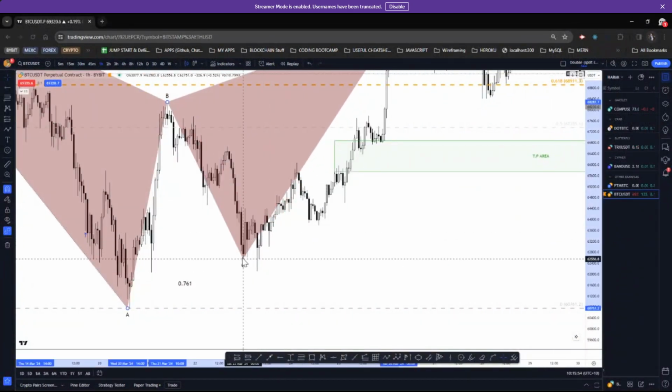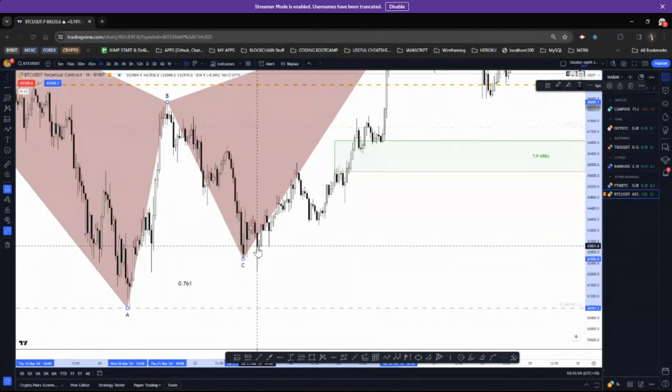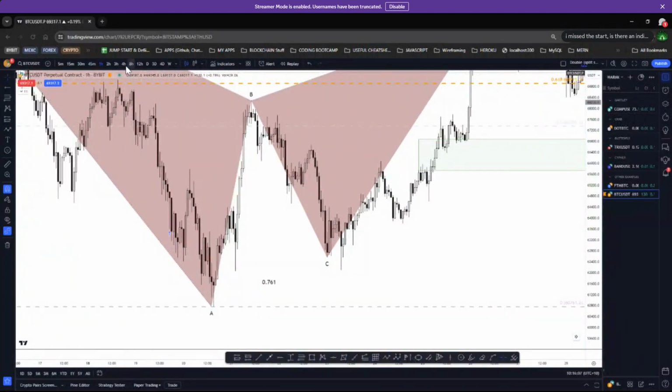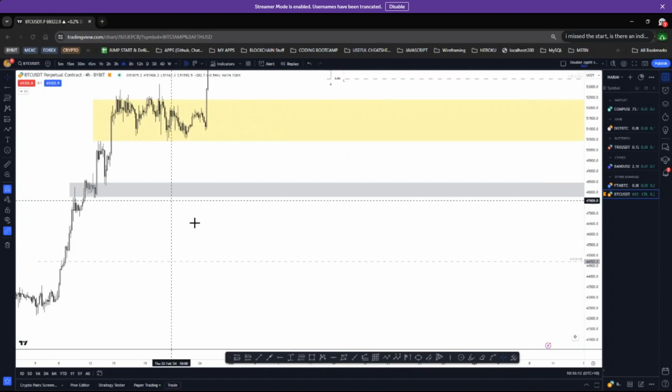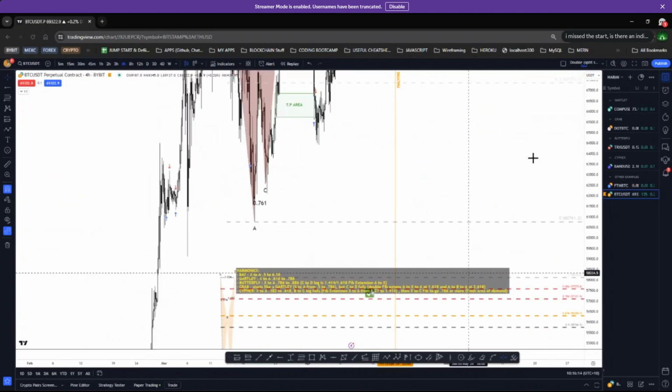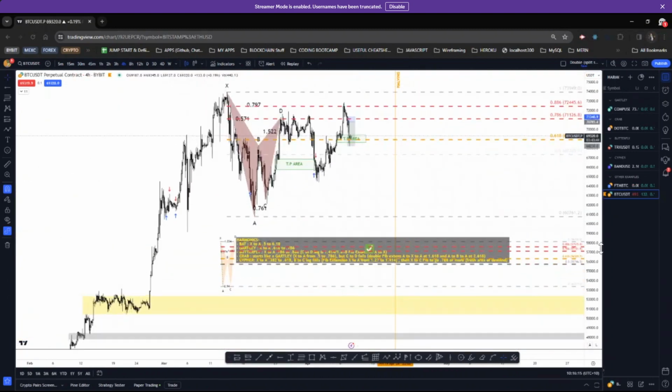I would have taken this one on the 1 hour, because this candle didn't break structure. It just took liquidity and then went to do a deeper move, basically. So I always take the lowest closing candle on most of them. Cool. So this is the back pattern.